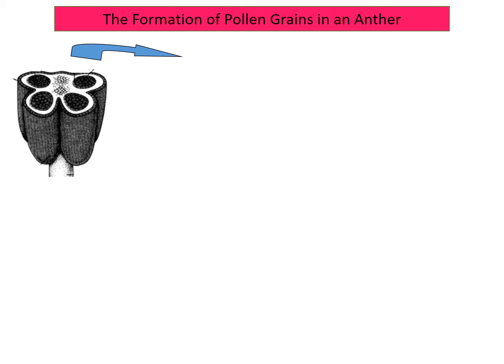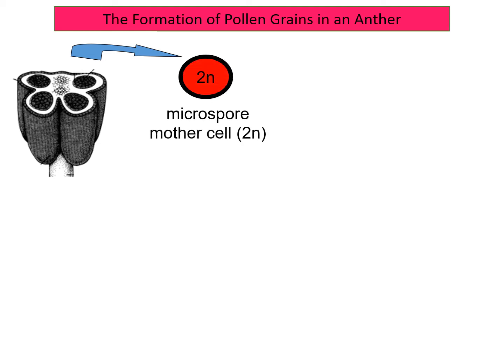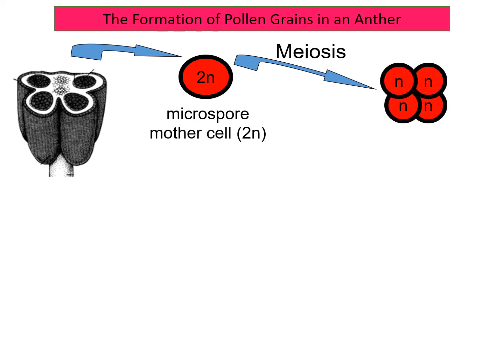Okay, this is another diagram, showing the formation of pollen grains in an anther. So this is the anther, okay, and there are 4 pollen sacs here. In each pollen sac, there are hundreds of microspore mother cells, which are diploid, and each microspore mother cell divides by meiosis to produce tetrads.